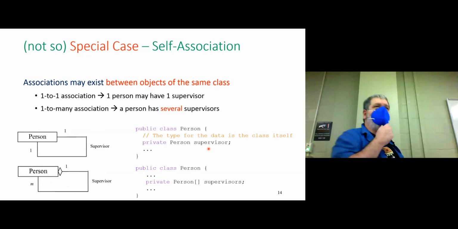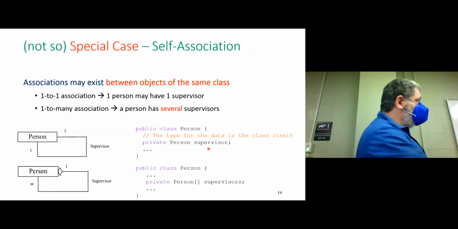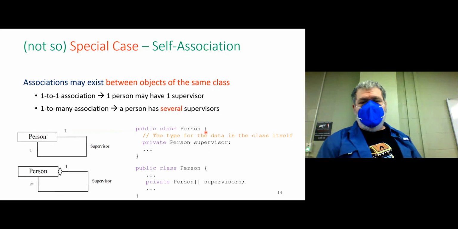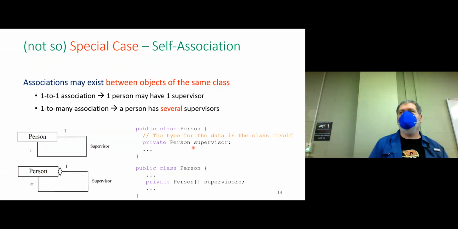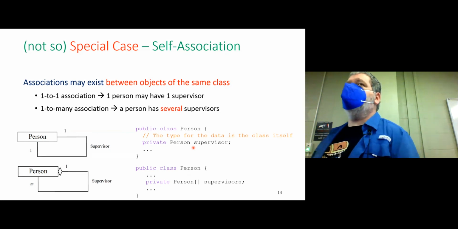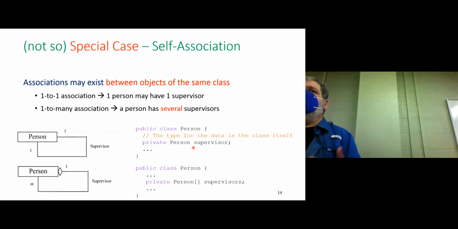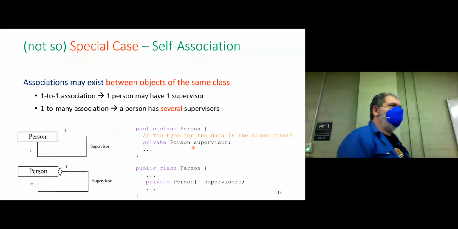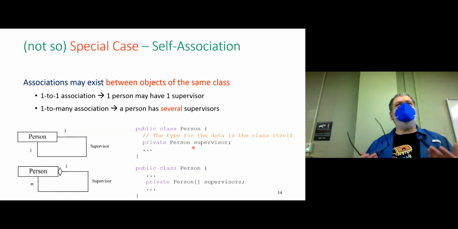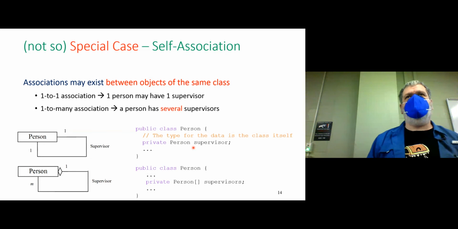How do we implement relations in general, and that relation in particular? Well, I could have a class person, and inside that class person, I would say I have a private attribute named supervisor. What is the data type of supervisor? Person. So supervisor is an attribute that is a reference, meant to hold a reference to an object of class person.